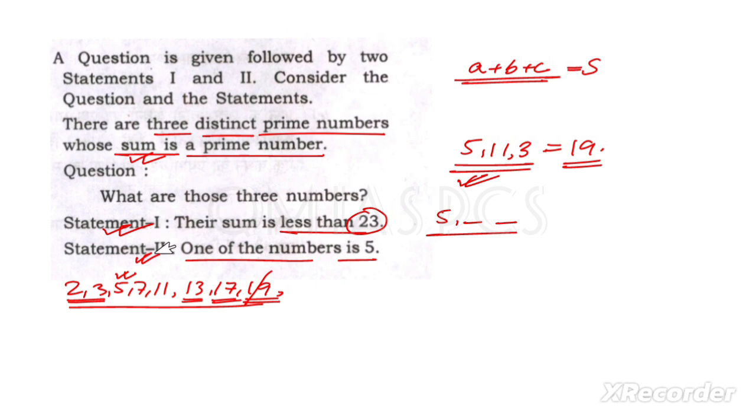If we use only the second statement, we can't get the answer. We need the limit from statement 1. So option A is correct: the question can be answered using statement 1 alone, and it cannot be answered using the other statement alone. Is it clear or not?